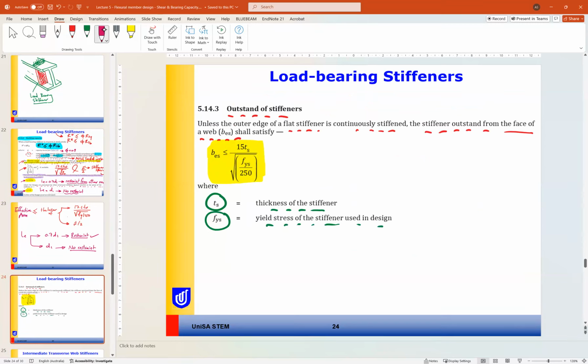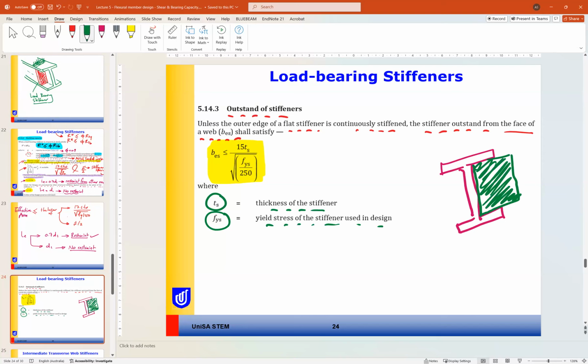Okay, what does this mean? If we have again the cross section, we may have a stiffener that goes like that outside of the flange.